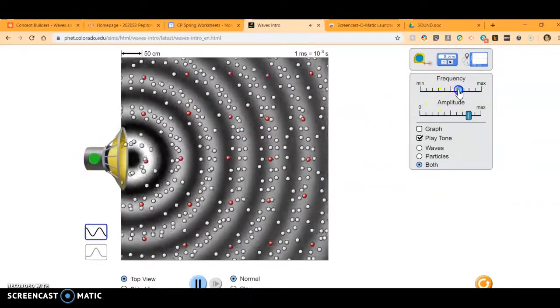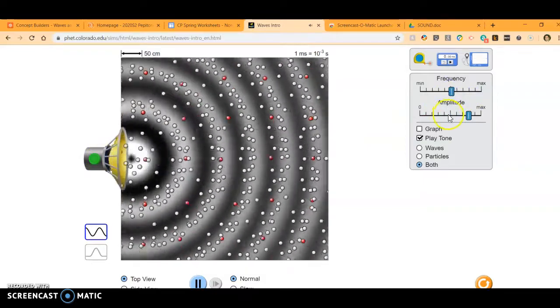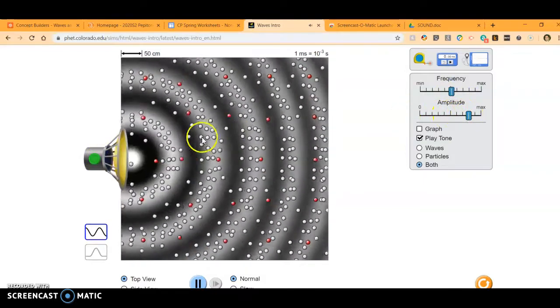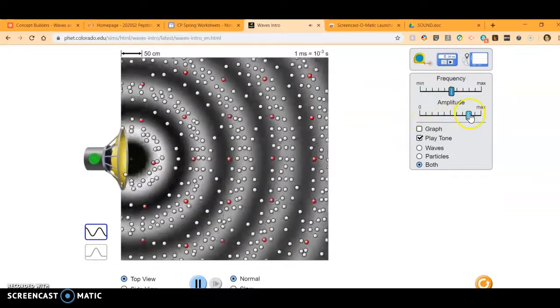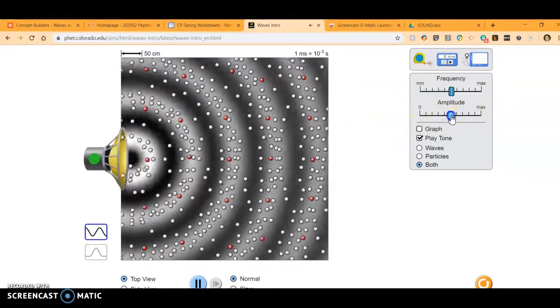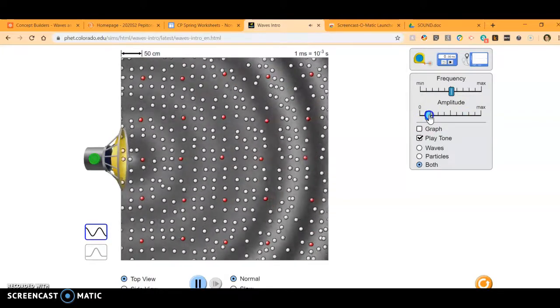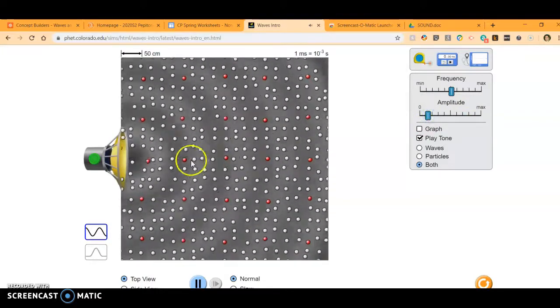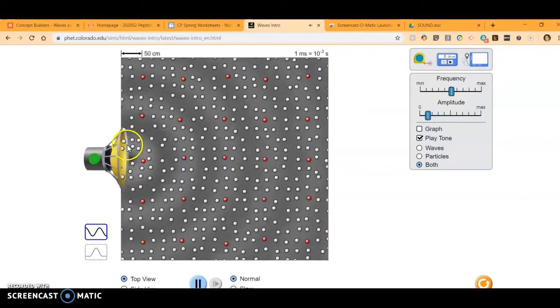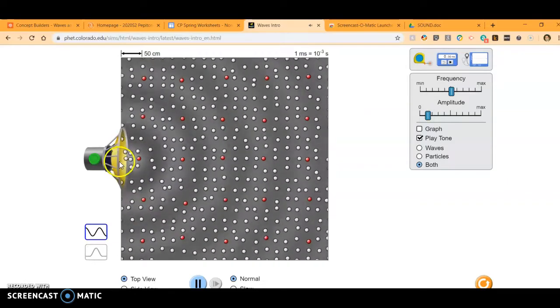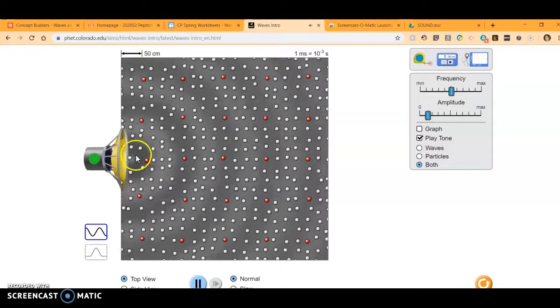All right, the last thing we're going to play with here is the amplitude of the wave. Now, the amplitude, as far as what we can see here in a compression or longitudinal wave this type here, is how loud it is. But really, it's about how much energy comes out of the speaker, how energetic the speaker is vibrating.